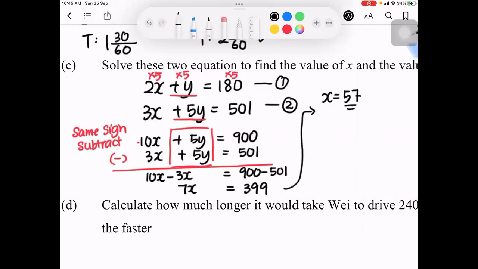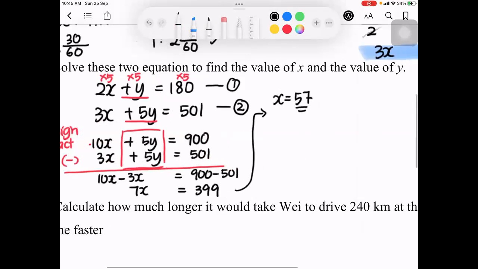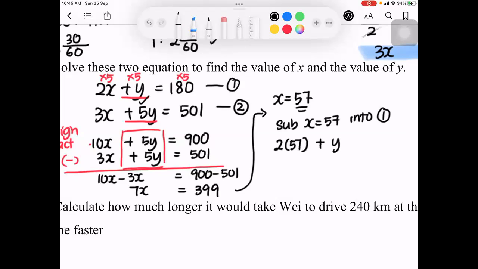Okay, then we want to find the y. I will substitute x equals 57. Maybe I'll put into equation 1 because got y only simply. So 2 times 57 plus the y equals to 180. Equation 1 is this one, okay? So 2 times x plus y.